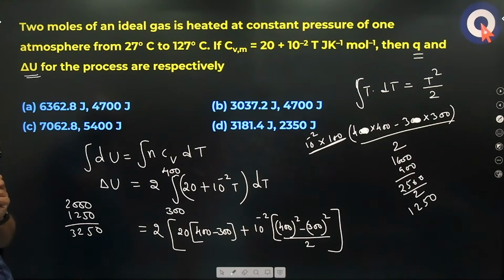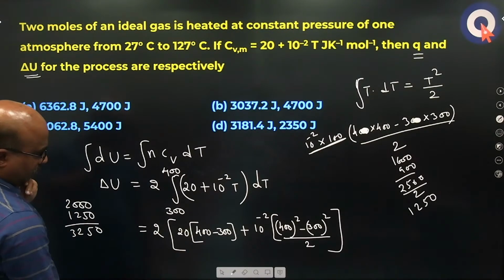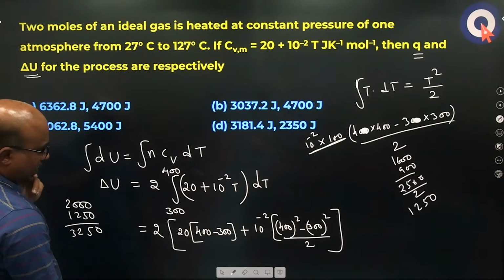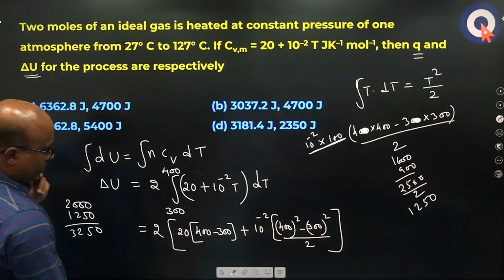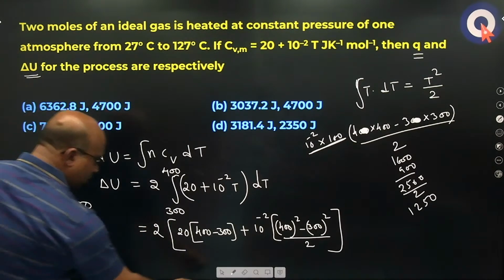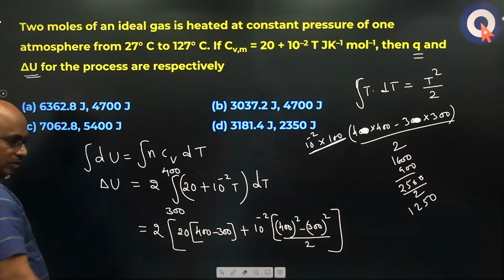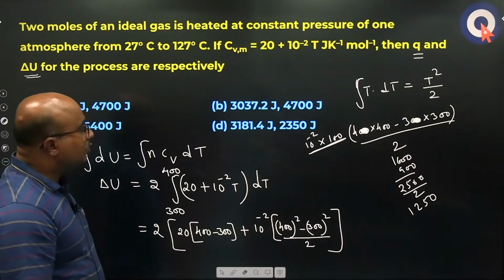This is 100, 2000. This is the integral of t, clear? So t square by 2. So just see the calculation part, we are missing something maybe. So this is what is the general thing.